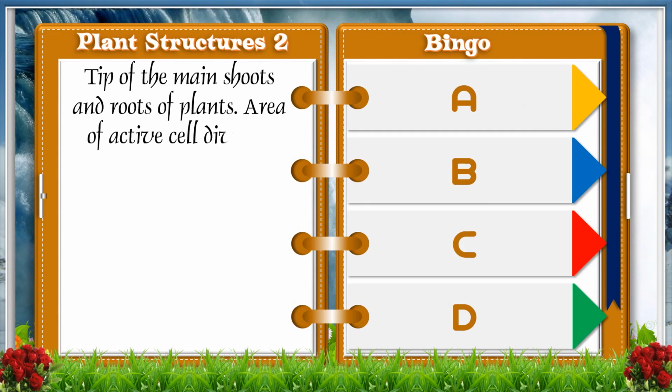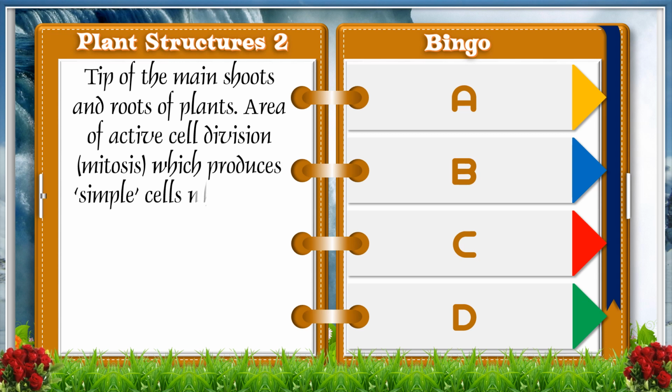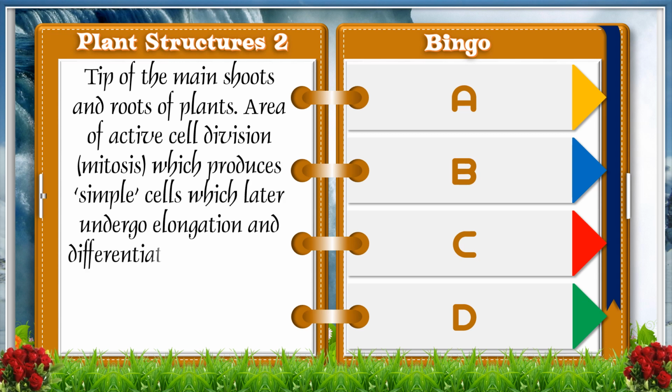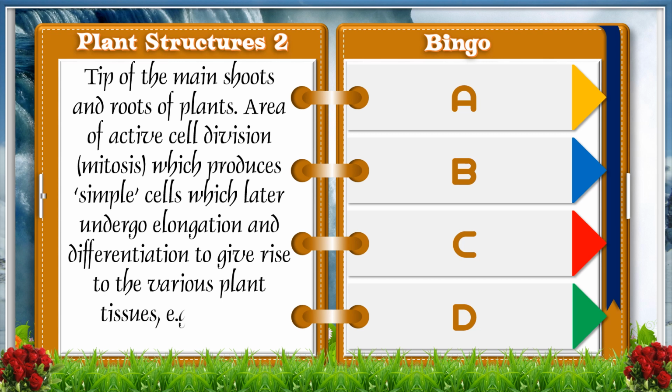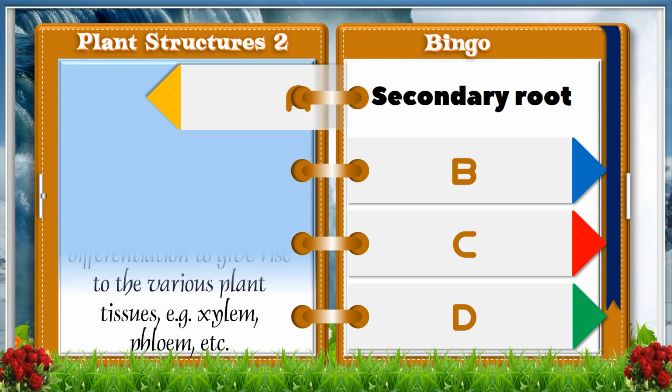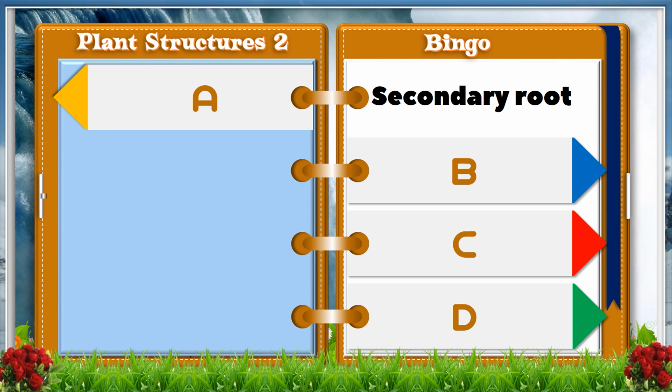Tip of the main shoot and roots of plants. Area of active cell division, that is mitosis, which produces simple cells which later undergo elongation and differentiation to give rise to various plant tissues like the xylem and phloem, etc. A, secondary root.